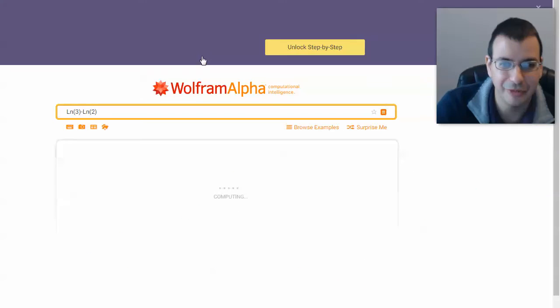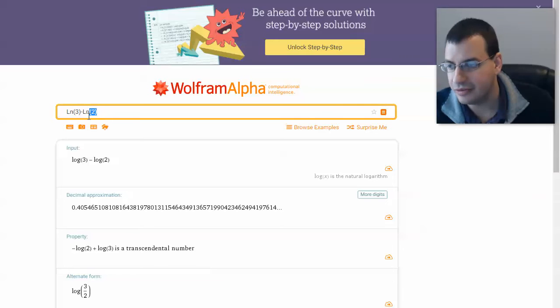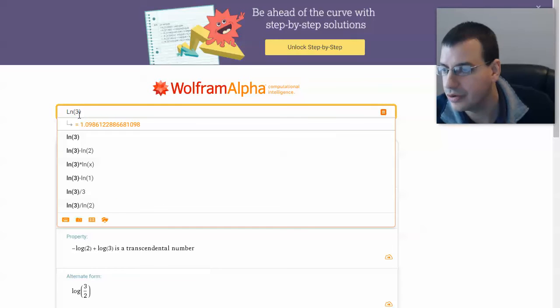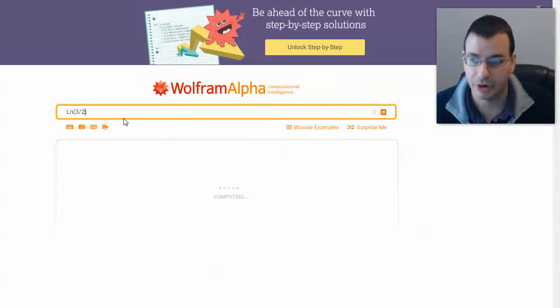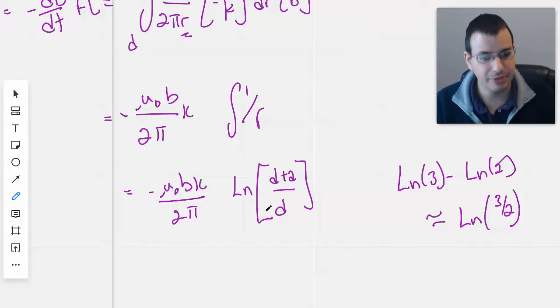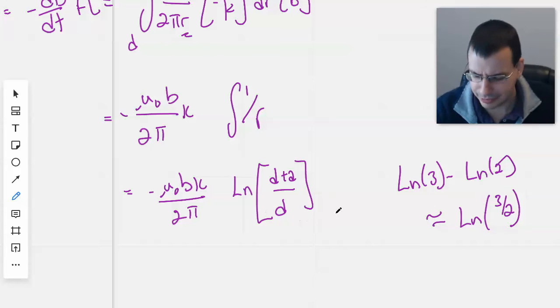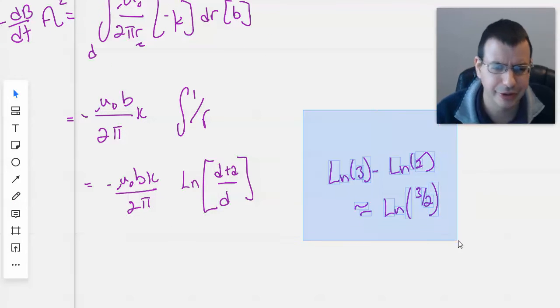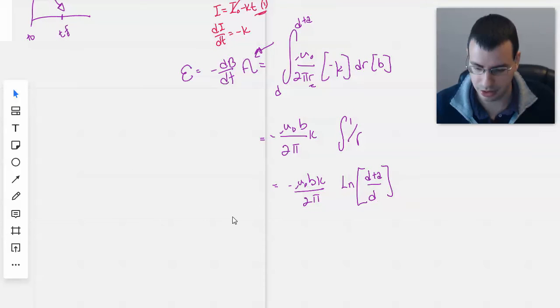I do love Wolfram. We get something like 0.405. It's going to be awkward if I'm wrong. 0.405. Okay. So I didn't by any means prove that to be true, but it's probably close enough. Maybe. I'm sure it is.